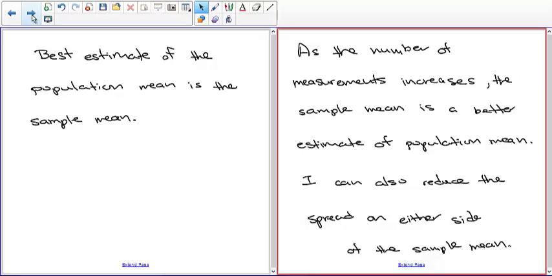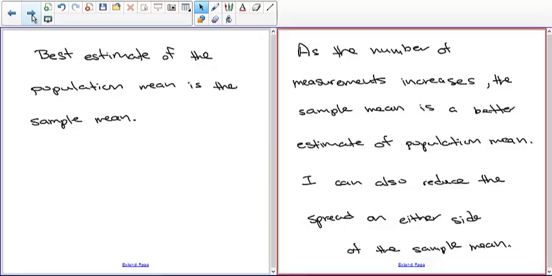Now, as the number of measurements increases in our sample, the sample mean is a better estimate of the population mean. That just makes sense. The more data you take, if you're randomly selecting data points or things to test, the more times you test it, you would think that would give you a better estimate of the mean.